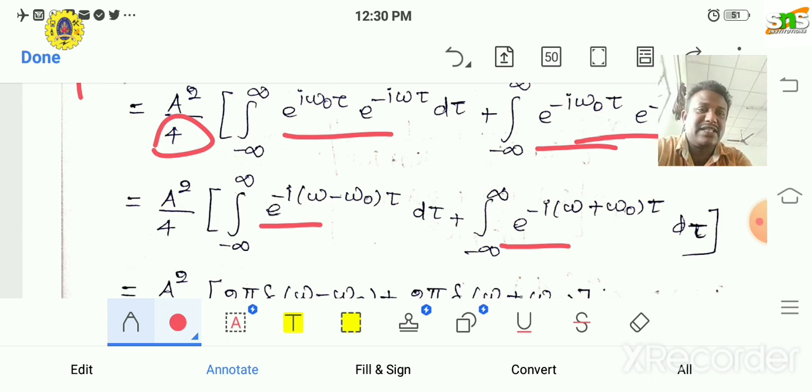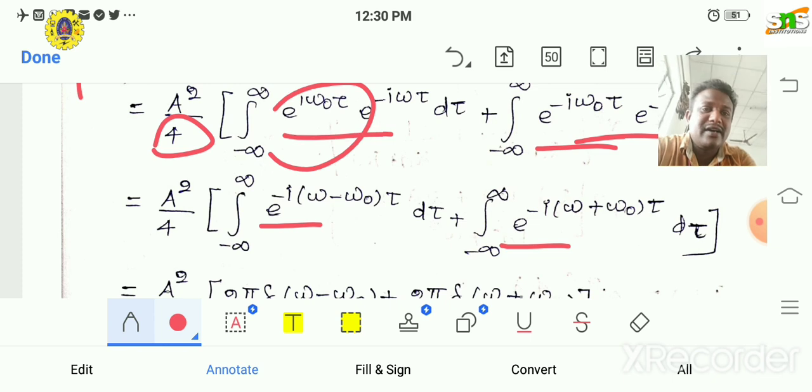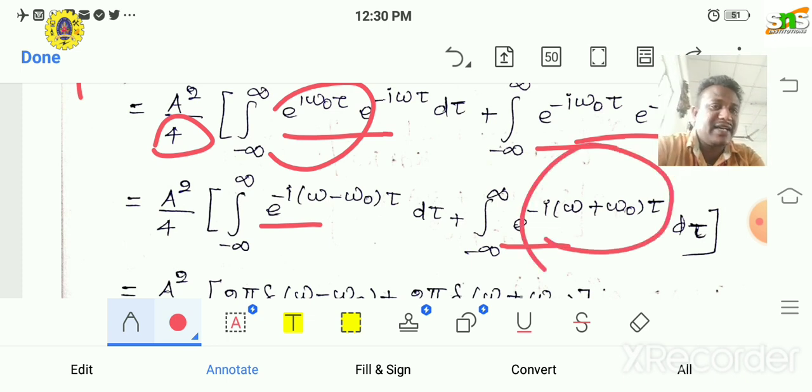In the first part, minus j and tau is common, so that can be taken outside from omega minus omega naught. Similarly, in the second part we have minus j and tau, which can also be taken outside. So what is the remaining part?